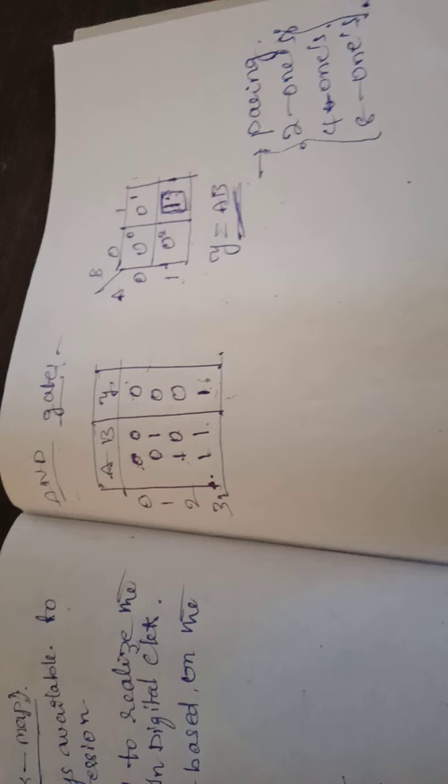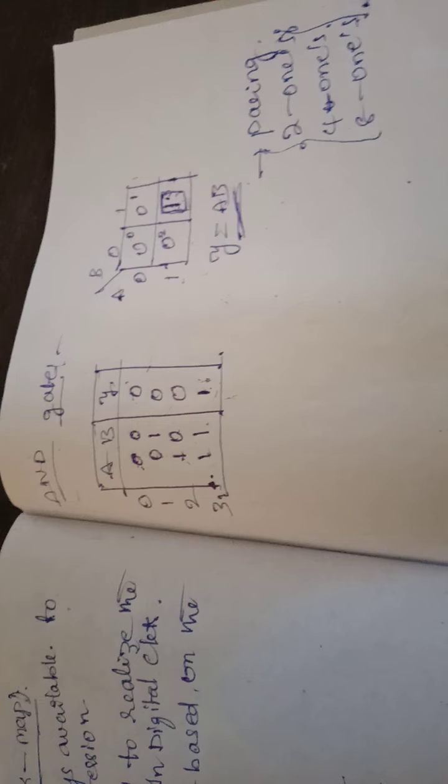So A, B bar means the place value of that box is 2. Is it clear for two variable? Or is there any doubt?